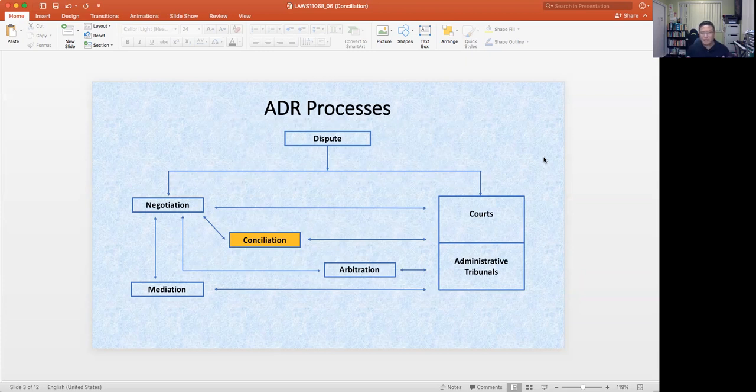I make this type of scenario distinct because, as we'll see later on when we talk about conciliation, there is a reason why conciliation is often the preferred way to deal with these types of disputes.